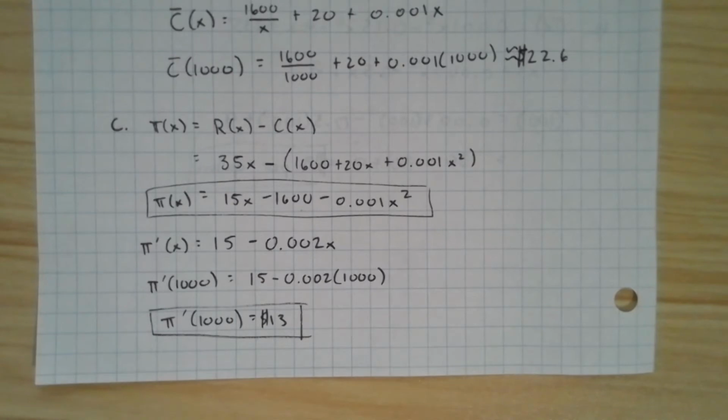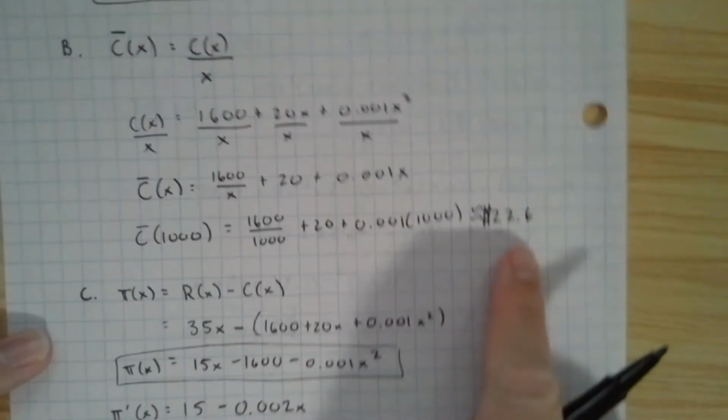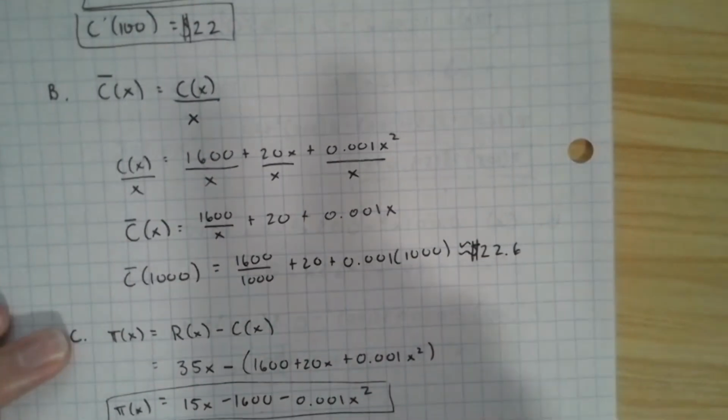I just realized too, I think in question B, it says explain the meaning in context to the production of the voice activated monitors. Okay, that's this one right here. Forgot to explain it.